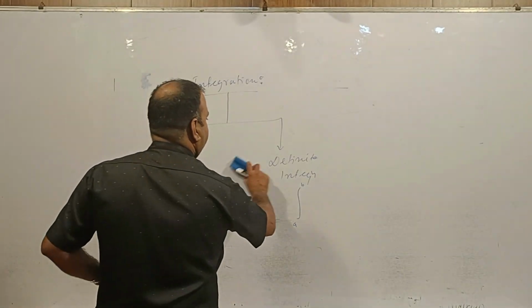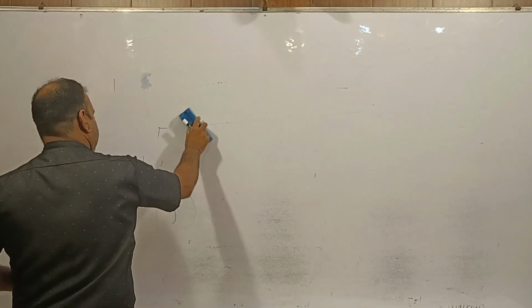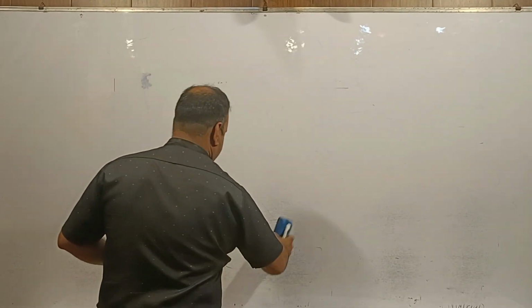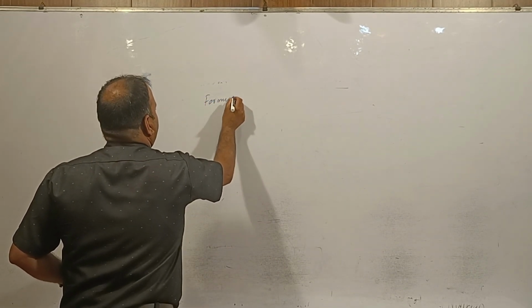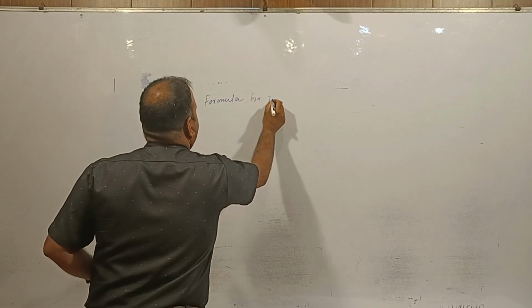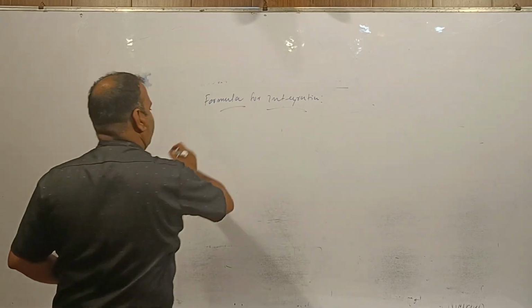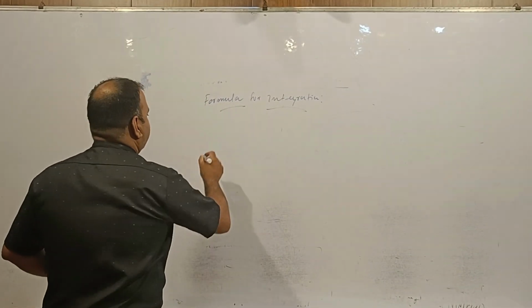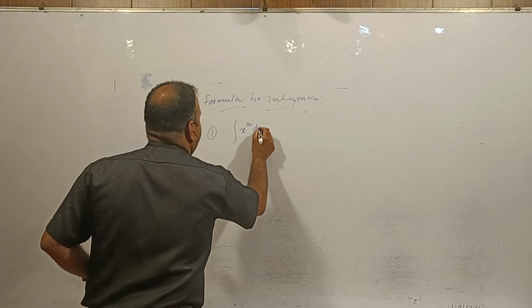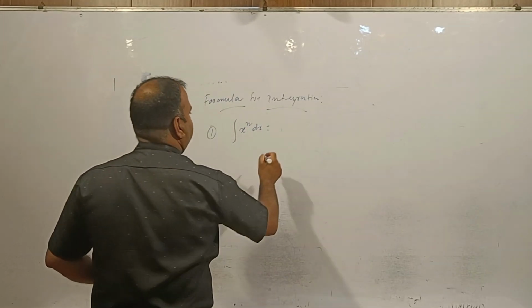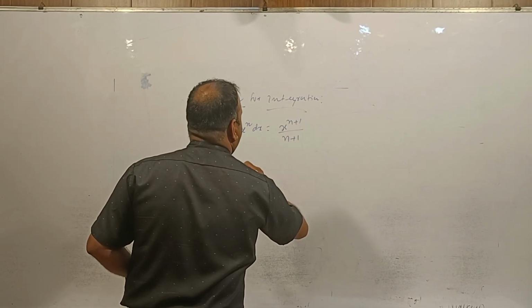Now in case of integration you have to remember some formulas, some rules. So write down, everyone. Formula for integration. Number one: integration of x to the power n dx is equal to x to the power n plus 1 divided by n plus 1.